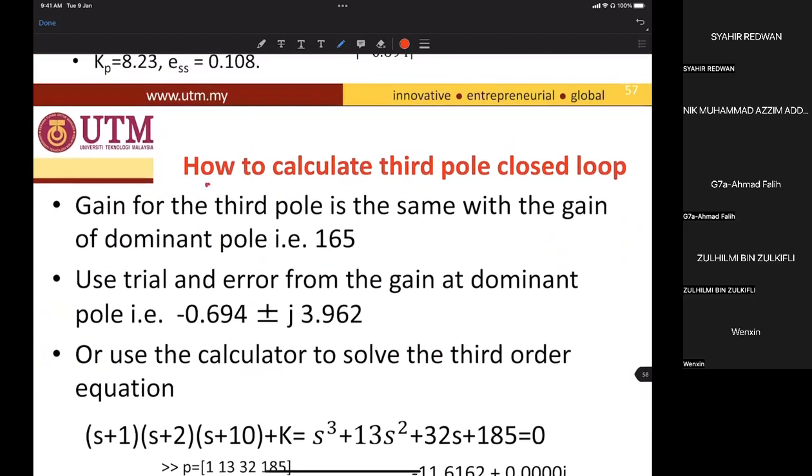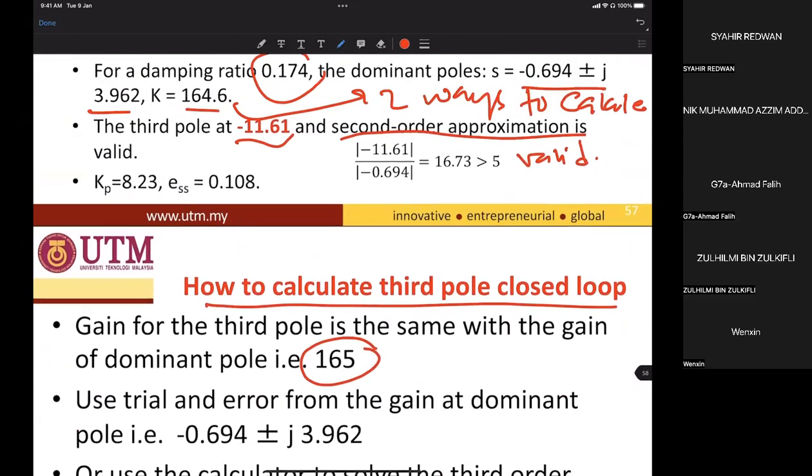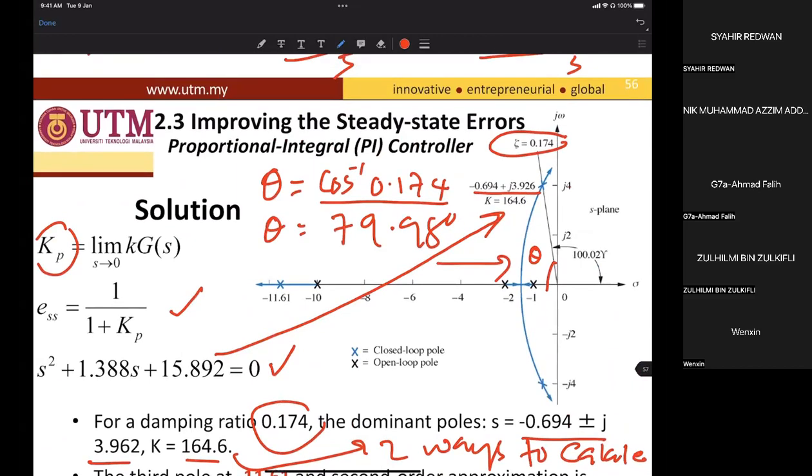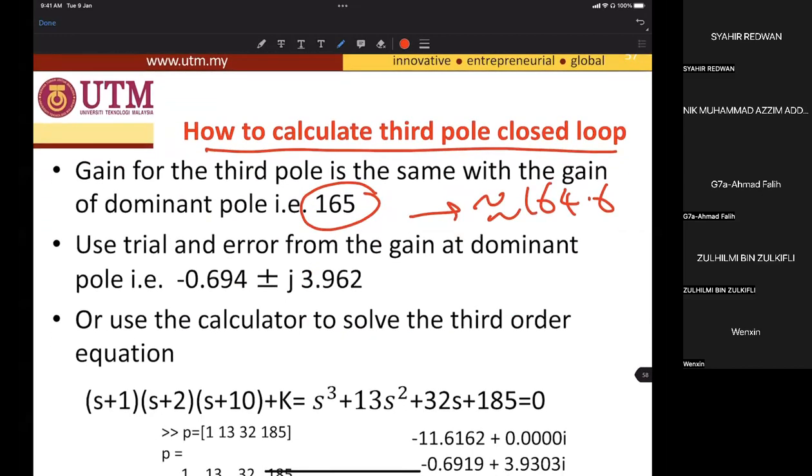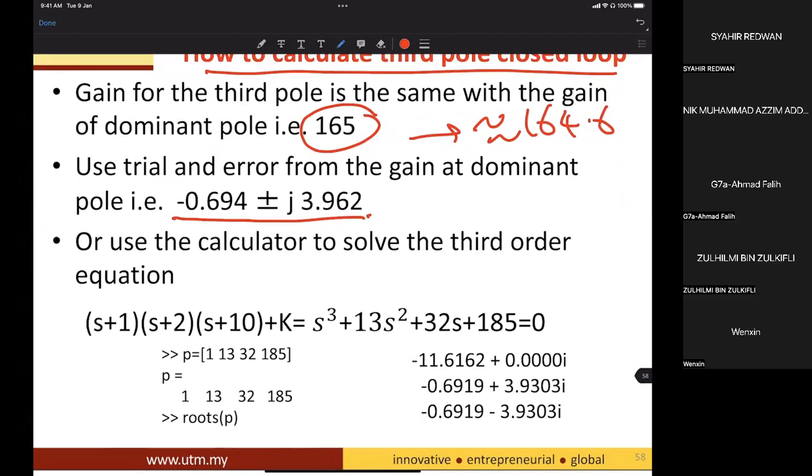How to calculate the third pole? We take 164.6 as an integer number, so we make it 165. Use trial and error from the gain at the dominant pole, which is here. Then this is the characteristic equation.